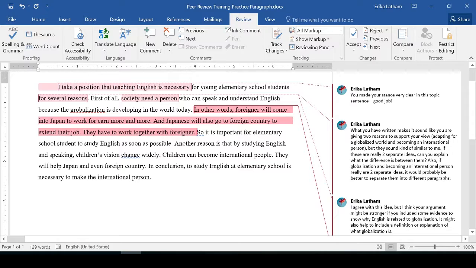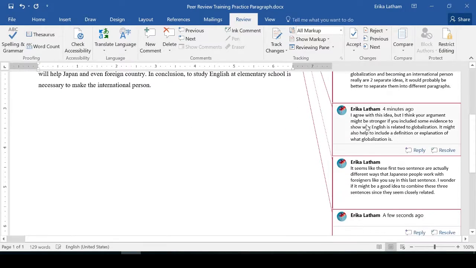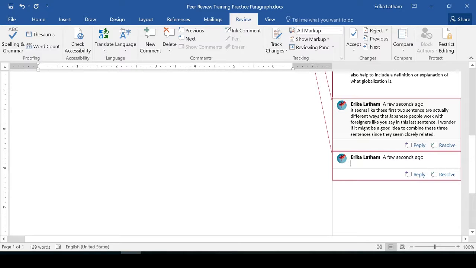Let's see. "So it is important for elementary school students to study English as soon as possible." I agree with this too, and I think it's a great point for this topic because this paragraph isn't just about teaching English, but teaching English to elementary school students specifically. So let me write that down before I forget. Okay.